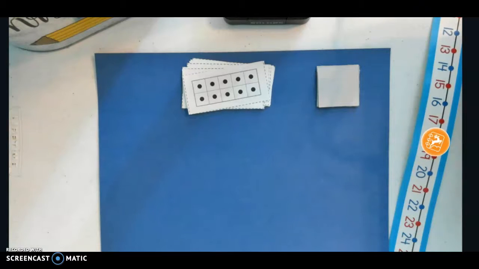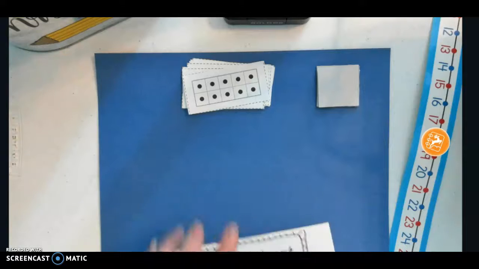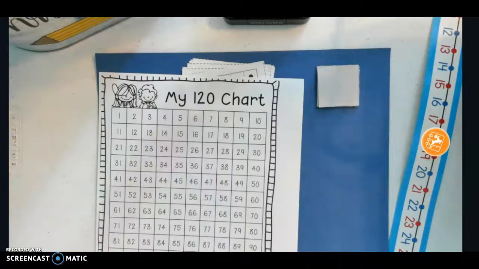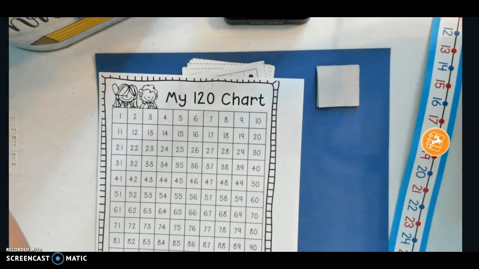Okay, so I want to look for the multiples of 10 on a 120 chart. I have one right here. Let's just quickly highlight all the numbers that we think of when we think of the multiples of 10.